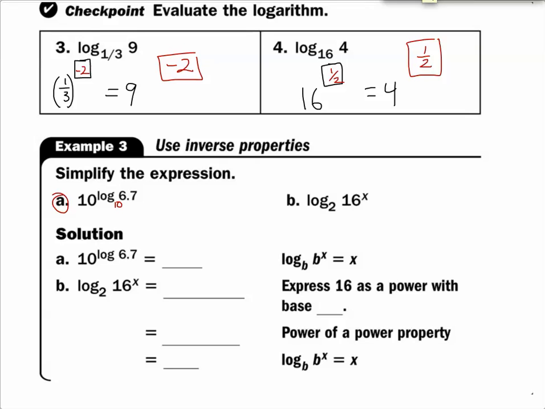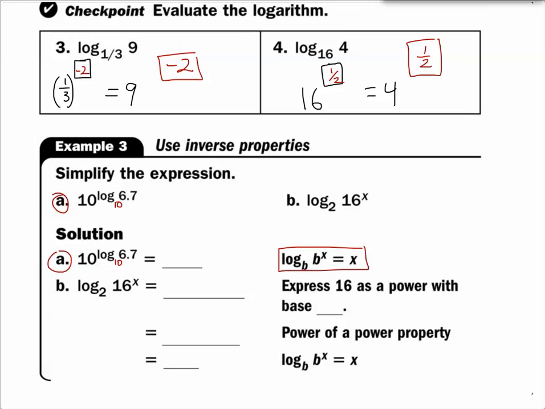Now, to solve A here, they have this little property. This is a thing that's worth writing down. Of course, it's more important to practice it, but somewhere where you write things down that you might memorize, you might write this down, a couple examples, because this is 10 to the log base 10 of 6.7, and it's kind of like the log and the base, they cancel each other out, and that's basically what's going on because they're inverse functions, actually.